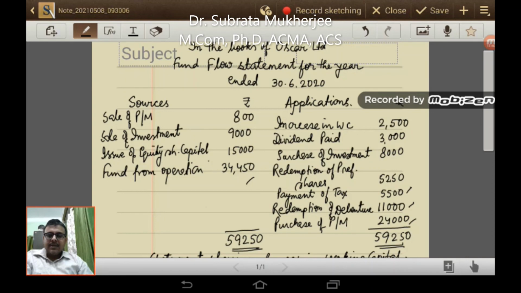And last, I have closed all the ledgers, the balances of which I have placed either in profit and loss account or in the fund flow statement. And from the statement of changes in working capital, we get the increase or decrease in working capital, which will be posted on the application side if there is an increase in working capital, and if there is a decrease in working capital, it will be posted on the source side.